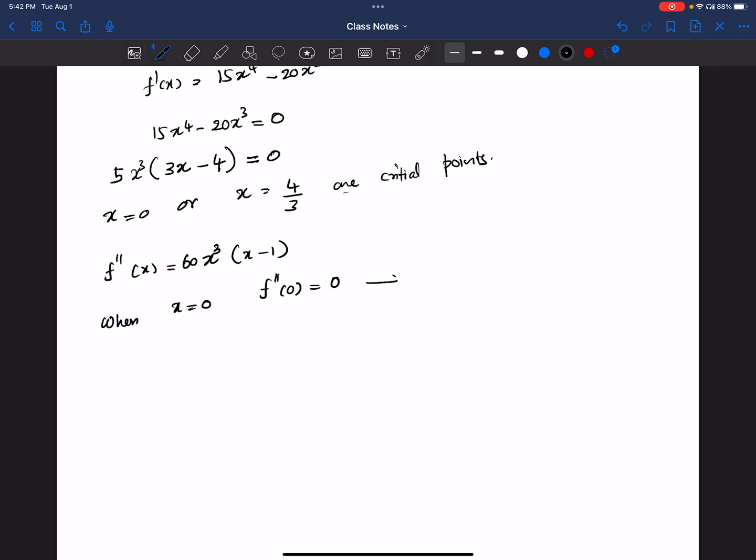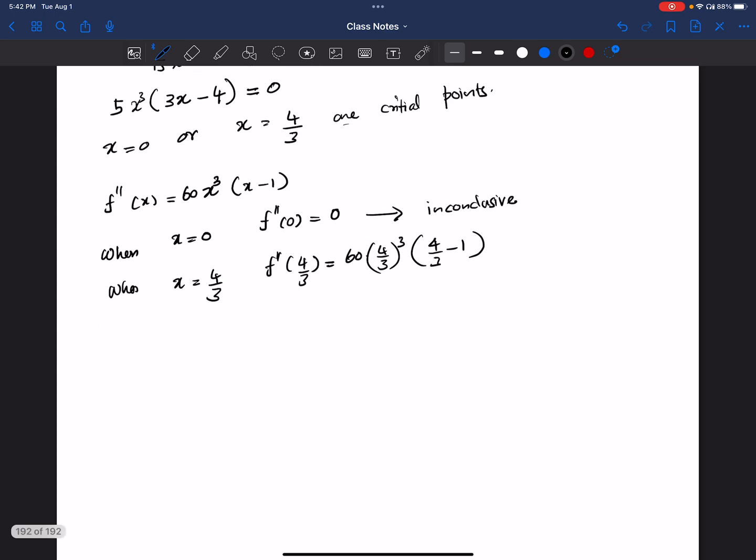So in this case, we have inconclusive at x equals 0. And then when x equals 4 over 3, f double prime of 4 over 3 is equal to 60 times (4 over 3) cubed times (4 over 3 minus 1).